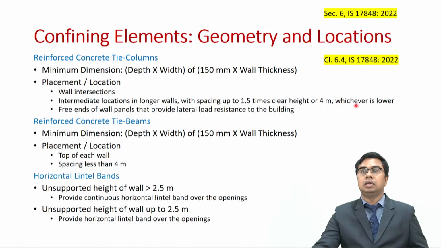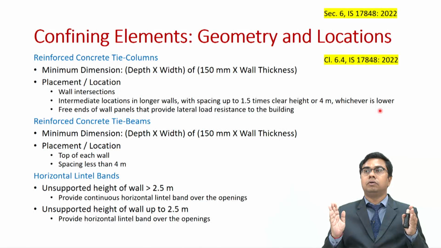Which means that if your clear height of the wall is, let us say, 3 meter, then 1.5 times becomes 4.5 and the other becomes 4 meter. So, whichever is lower, you have to place tie columns at a spacing of 4 meter or lower.